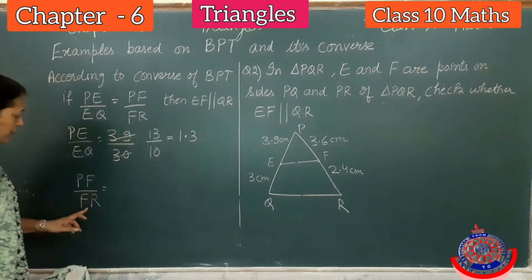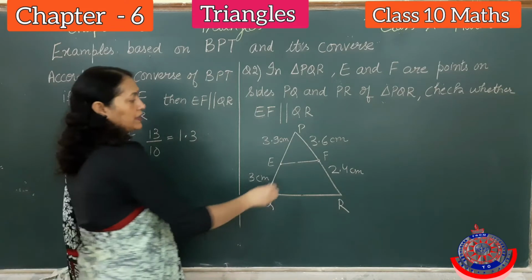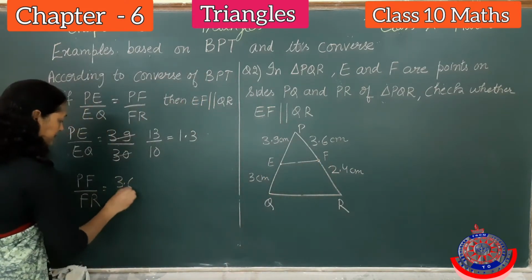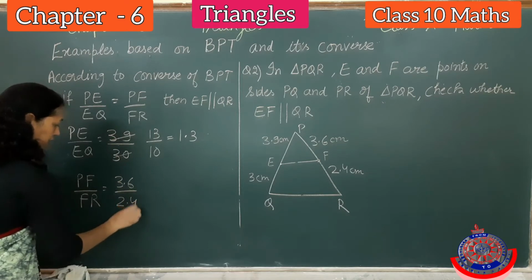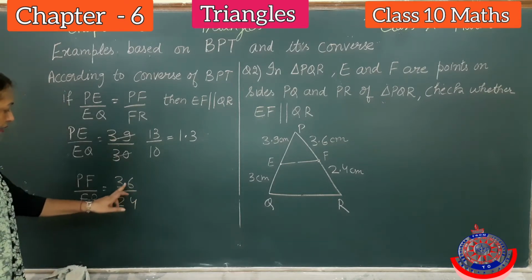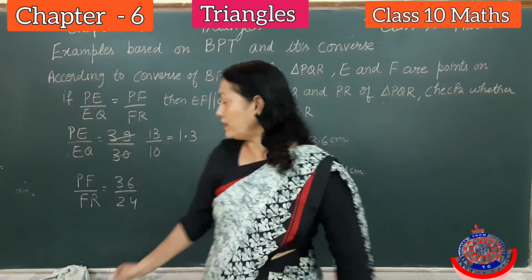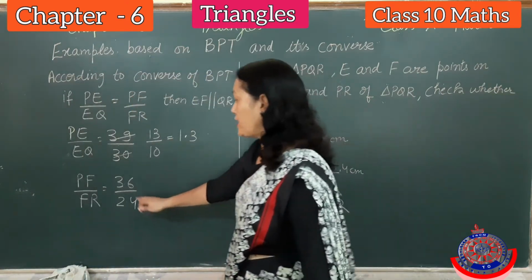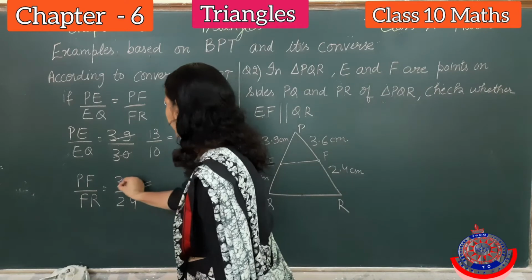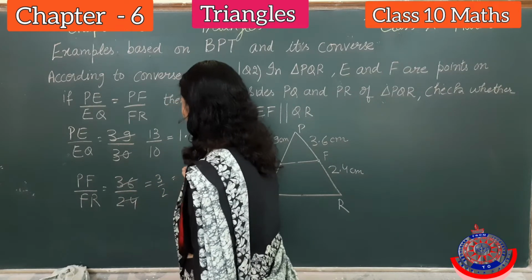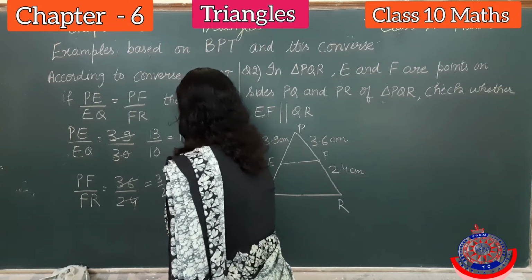Now the value of PF upon FR is 3.6 upon 2.4. Removing the decimal, we get 36 upon 24, and after cancelling by 12, 12 twos are 24, 12 threes are 36, we have 3 upon 2, that means it is 1.5.